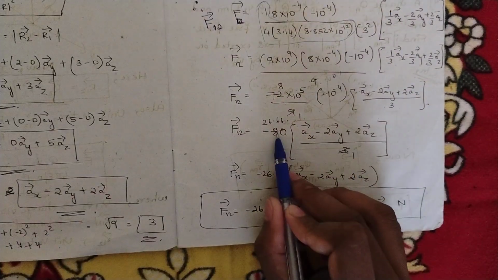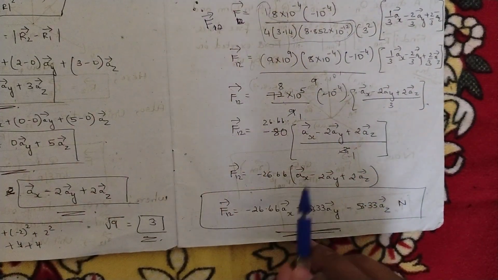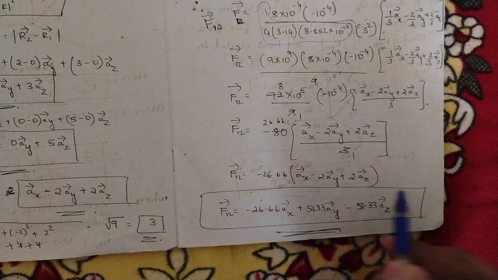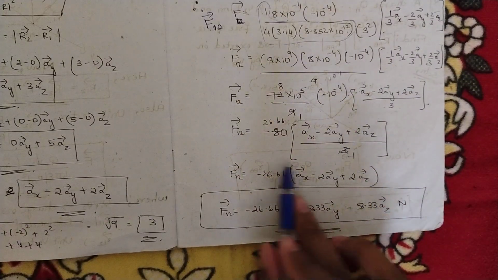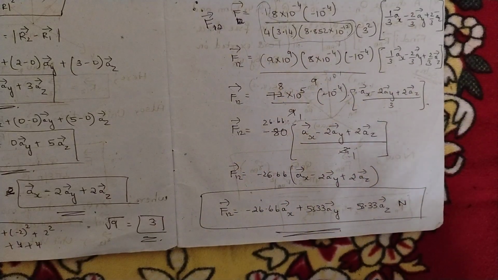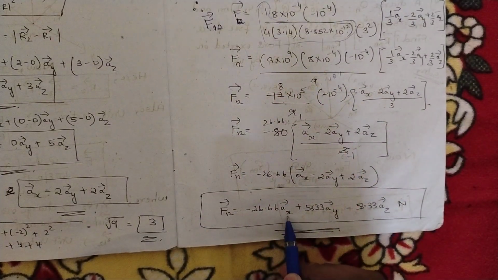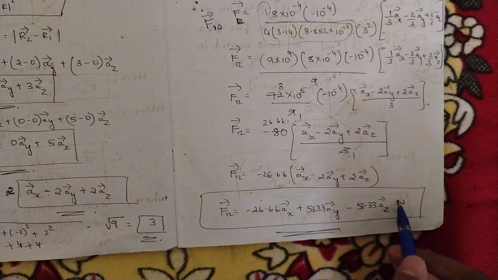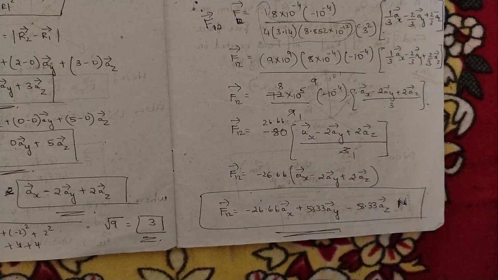So 80 by 3 we would be getting 26.66, minus 26.66 into AX minus 2AY plus 2AZ, then multiply each of them with minus 26.66, and this is our final answer for the force: minus 26.66 AX plus 53.33 AY minus 53.33 AZ Newton. The SI unit of force is Newton, right?